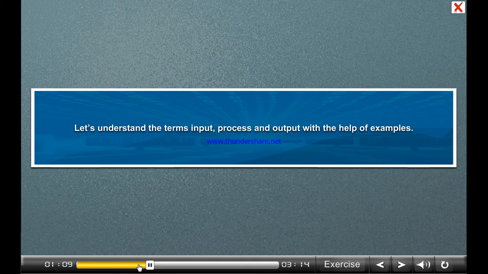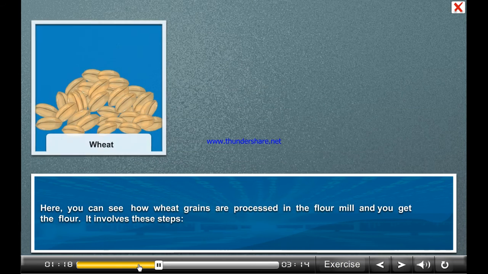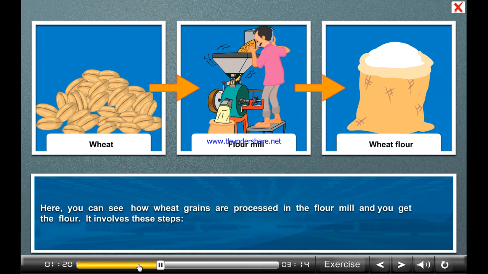Now let us understand the terms input, process, and output with the help of examples. Here you can see how wheat grains are processed in the flour mill and you get the flour. It involves these steps.